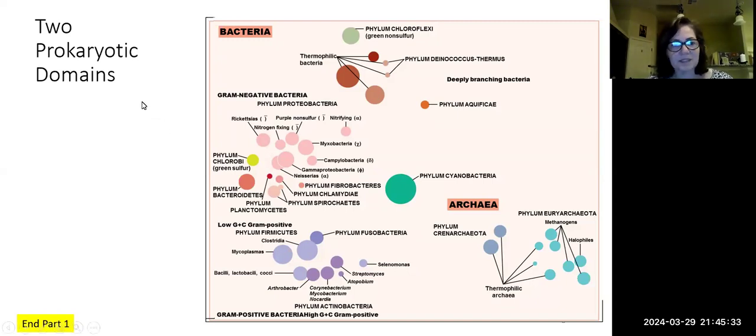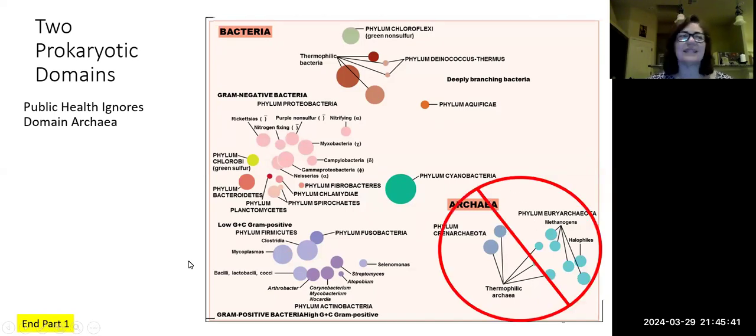For the purposes of public health, we can pretty much ignore archaea because these are the extremophiles. They do really well at ridiculously high temperatures, like at hydrothermal vents on the ocean floors. They do well in ice in the Arctic. They do well at very low pHs.